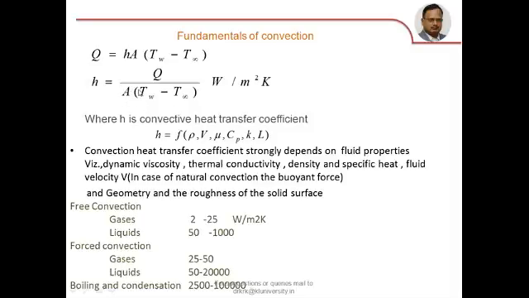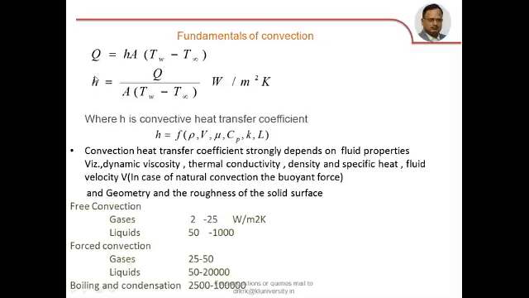When you make A 1 and Tw minus T alpha 1, h will become Q. So the convective heat transfer coefficient is the ability of a fluid to take away heat from a hot surface or pass on heat to a cold surface.